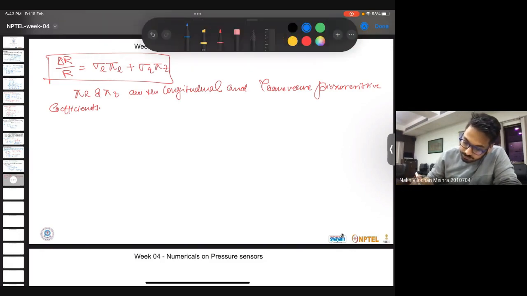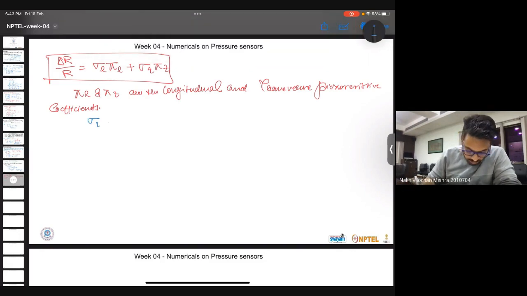The value of sigma L is basically P a by h square, and sigma T can be given as this.